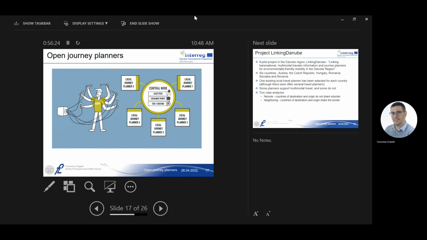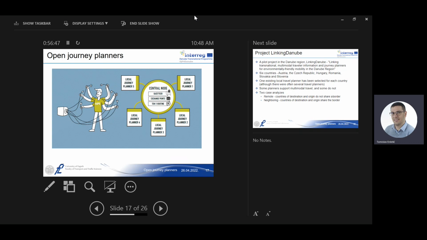Not important. The API is the one. Here is the illustration. This one has, let's say, some different plugin, and these are all local journey planners. And the Open API is the one that transforms such data in this format to this format and connects it. Okay, this is the Open API.